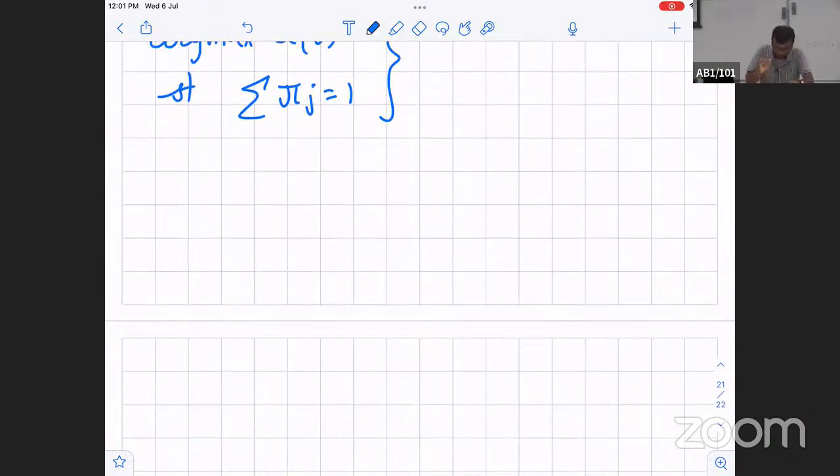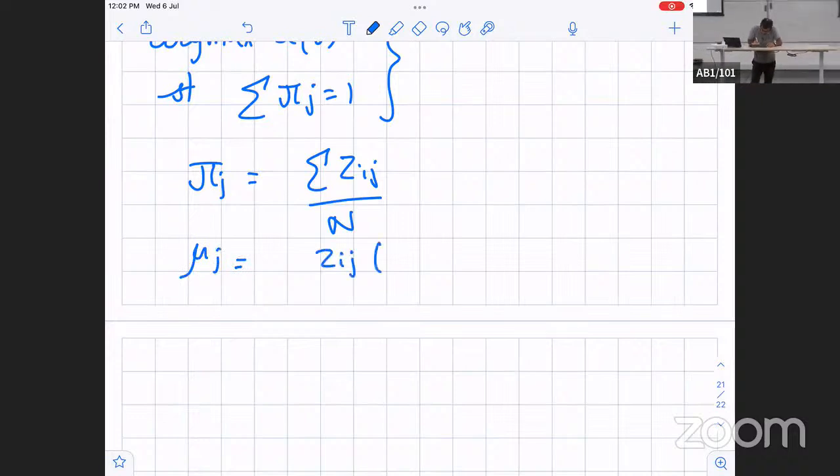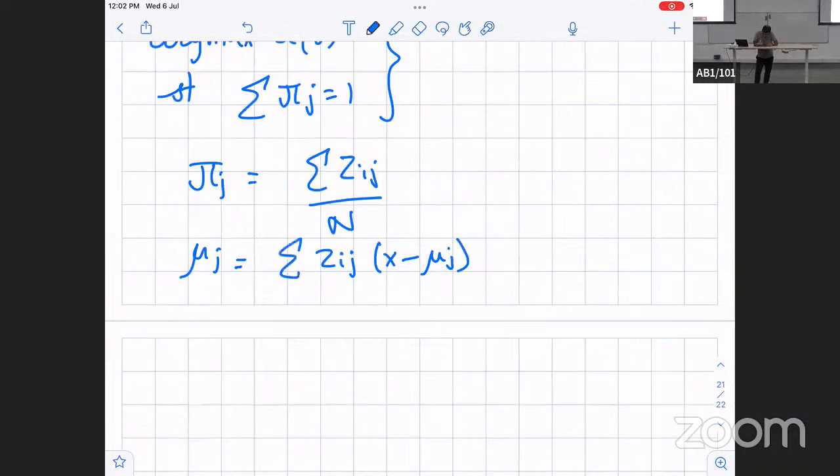So final outcome is pi j's. This will be, as somebody told, summation zij by n. Yes, it makes sense, right? You look at all the points that are assigned to the jth cluster divided by the total number of points, that is the pi j. Similarly, mu j will be equal to summation zij xi divided by summation zij.